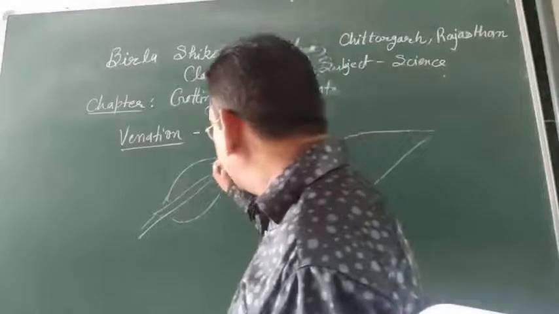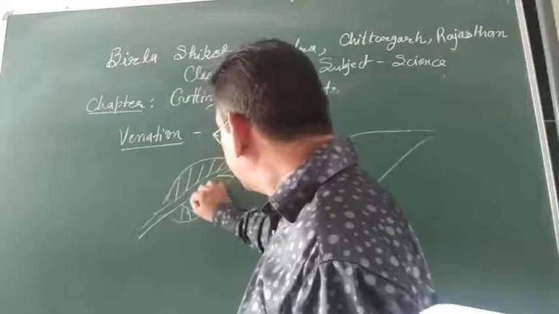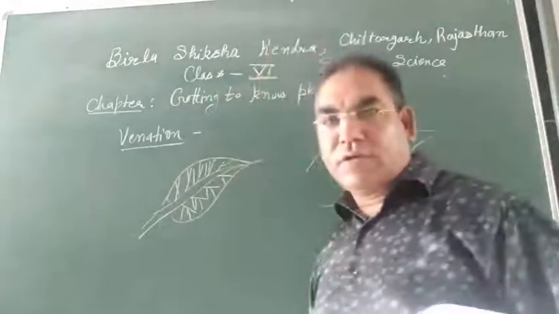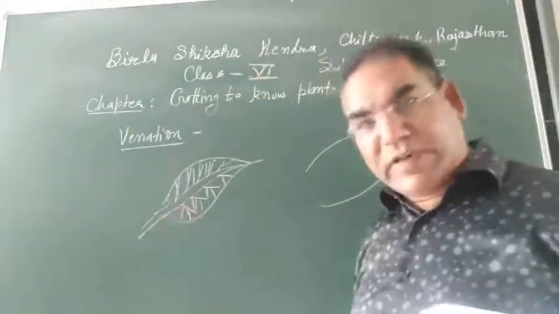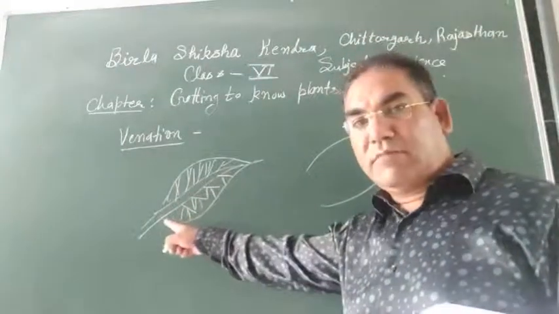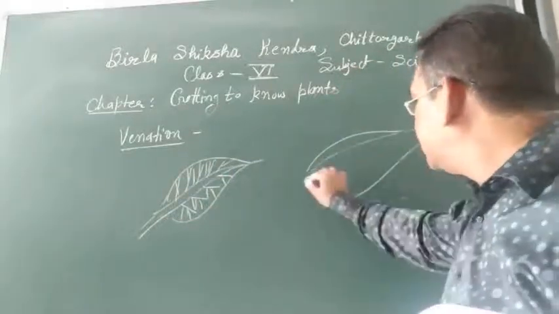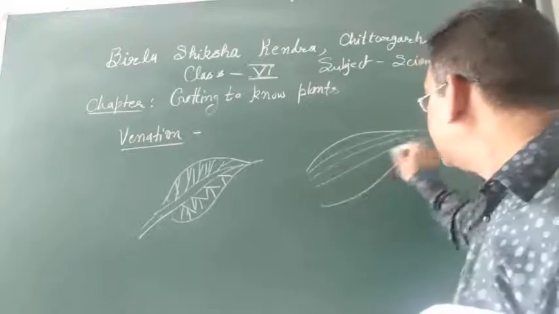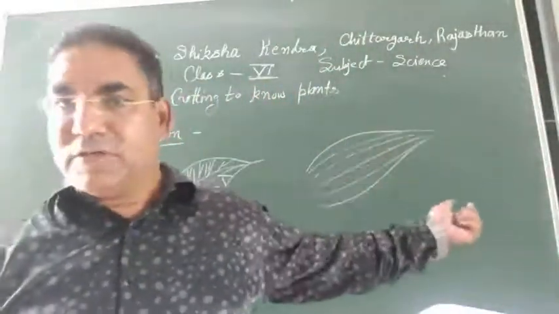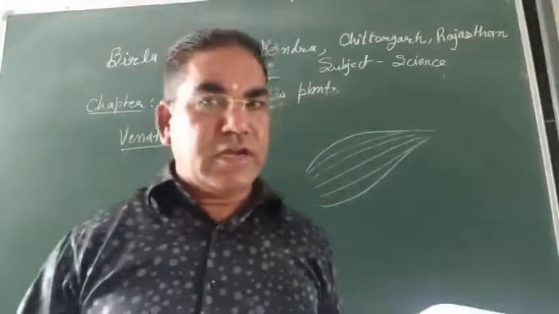In this kind of leaf, you are looking, there is a network of veins. There is a central midrib and a number of veins. In another kind of leaf, there is no central vein. There are a number of veins that run parallel to one another.